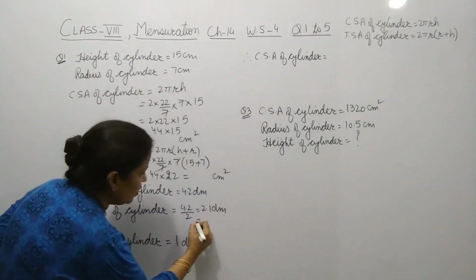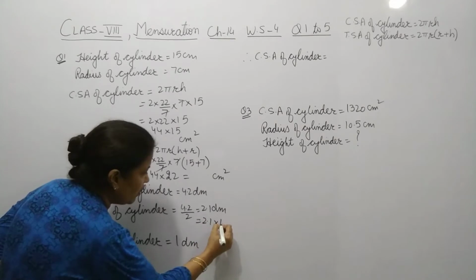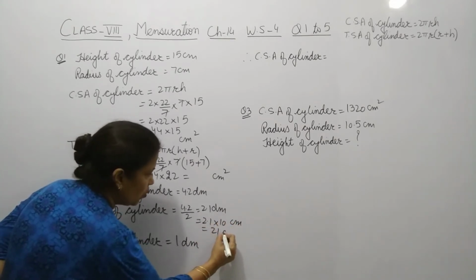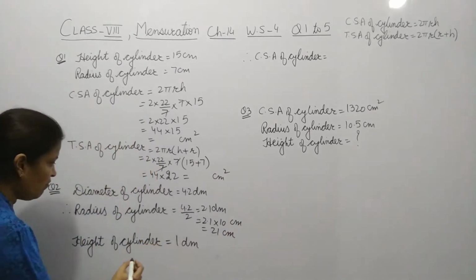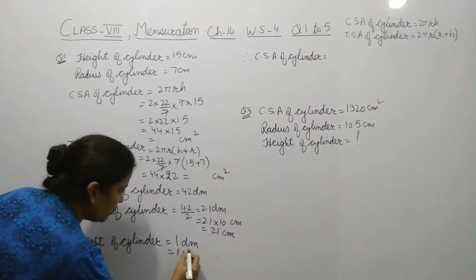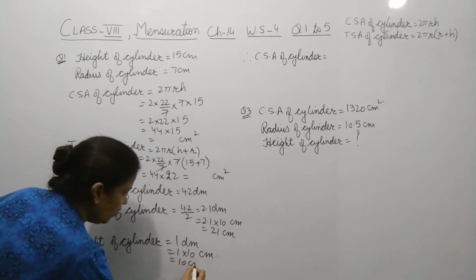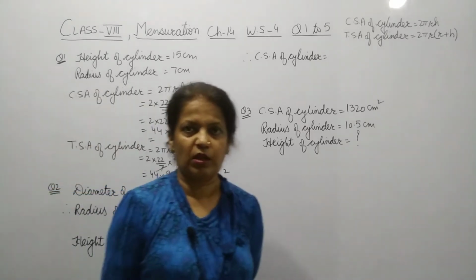To convert decimeter into centimeter, multiply by 10. So the radius will come as 21 centimeter. In the same way, height 1 multiplied by 10 converts to 10 centimeter.